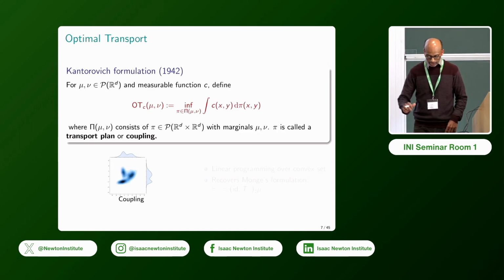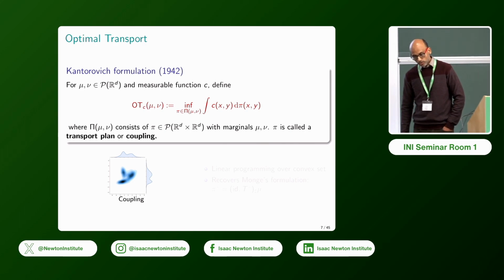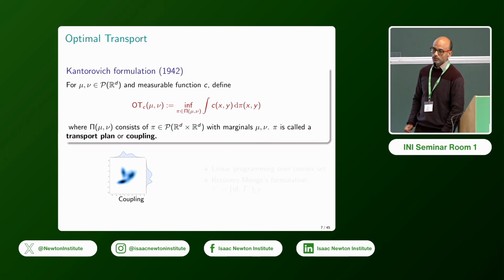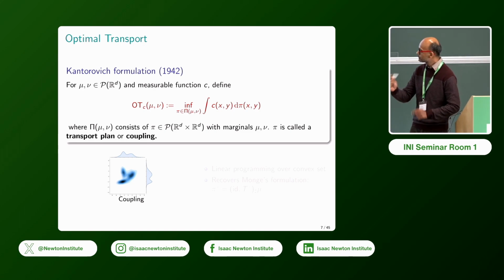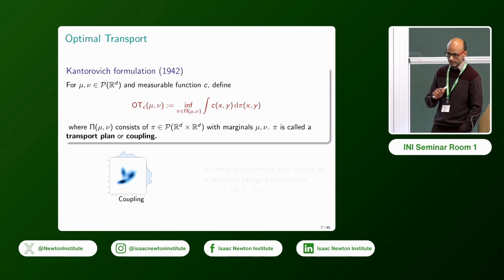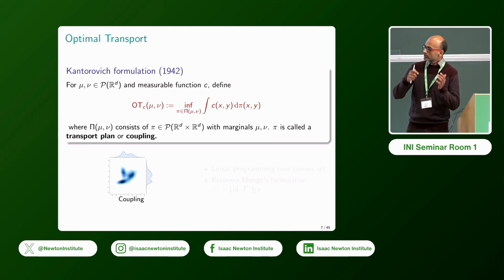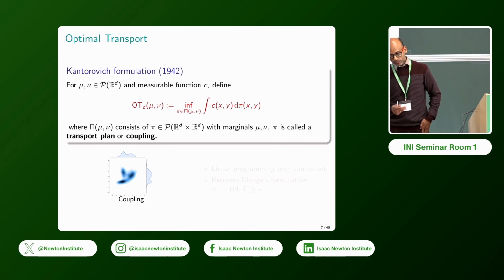So then came Kantorovich. Kantorovich posed a relaxed version of the same problem. Rather than requiring a one-to-one map that transports from mu to nu, he posed the problem differently: you want to find a coupling.